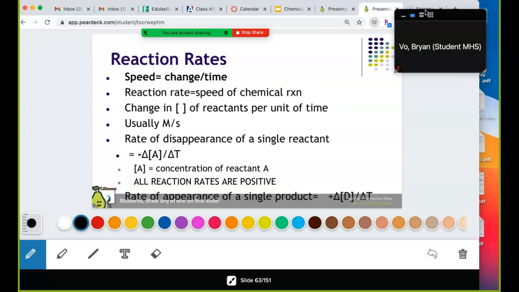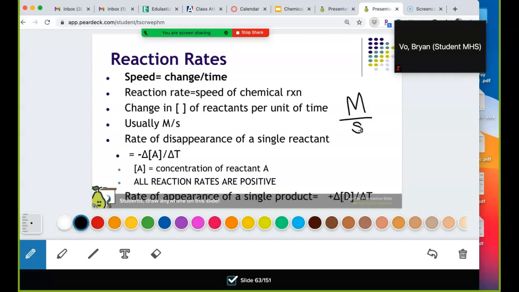Now, usually this is in molarity over second. So concentration, change in concentration over change in time. But sometimes the units for time will change.